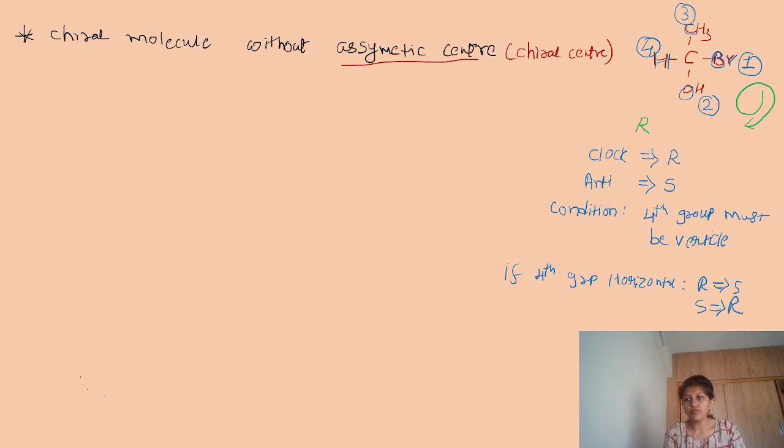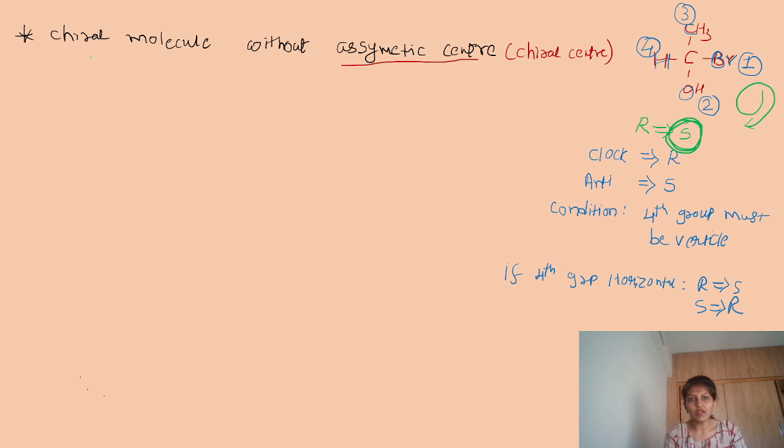The fourth group must be vertical for it to be R. Here the fourth group is horizontal, not at the vertical position. If it is horizontal, then R becomes S and S becomes R. So this chiral carbon has S configuration. In this way we can find R and S in a chiral center or asymmetric center.